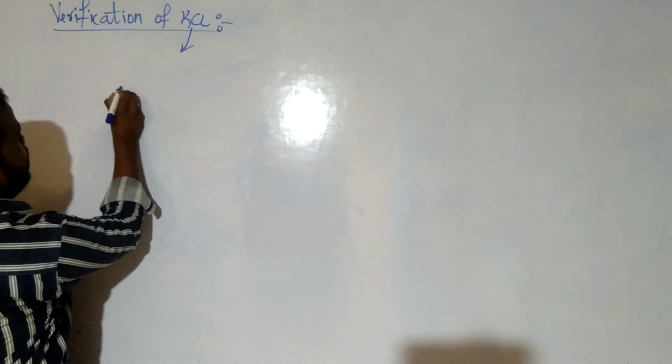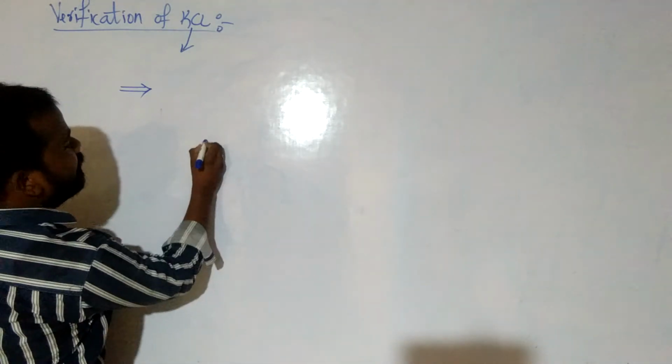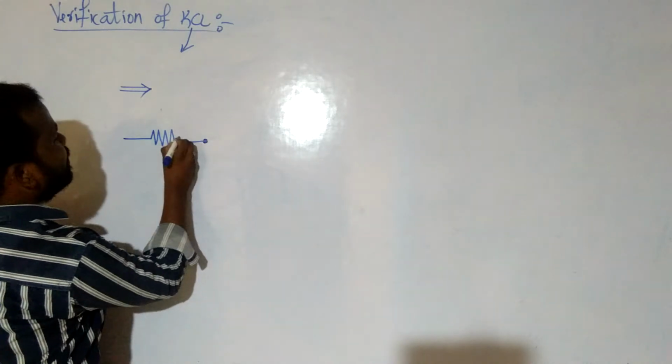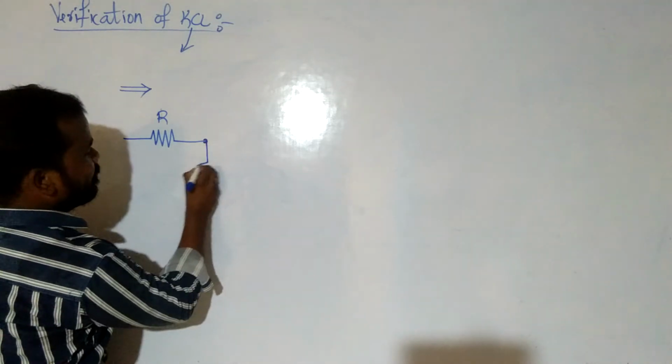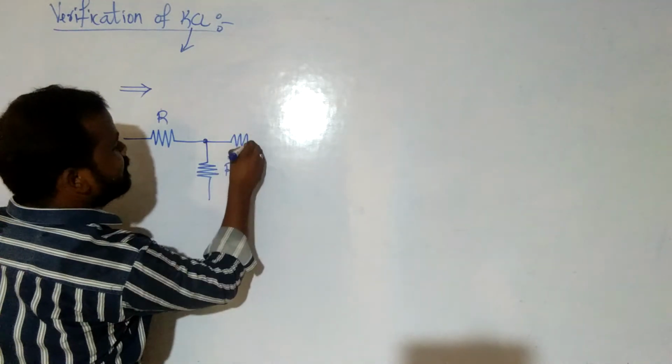The sum of incoming current must be equal to the sum of outgoing current at any junction point. For example, if this is the junction point, resistance R1 is connected like this, resistance R2 is connected like this, and resistance R3 is connected like this.